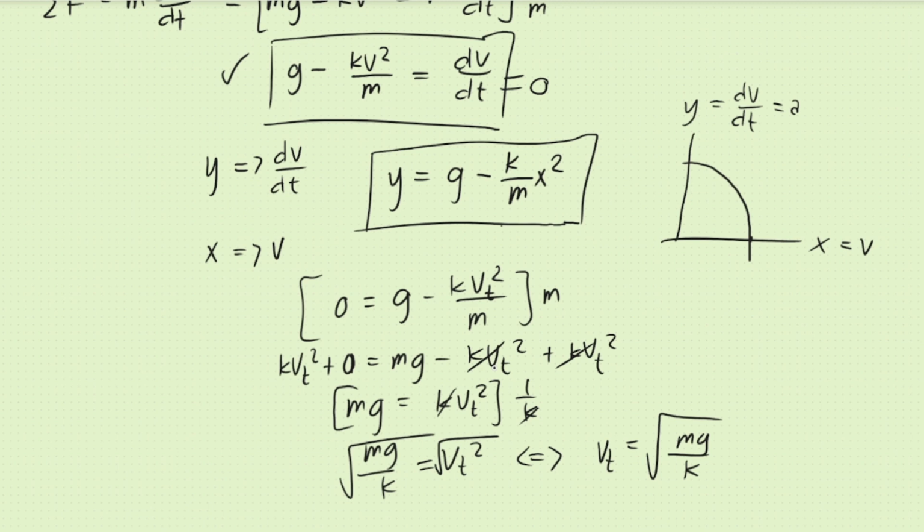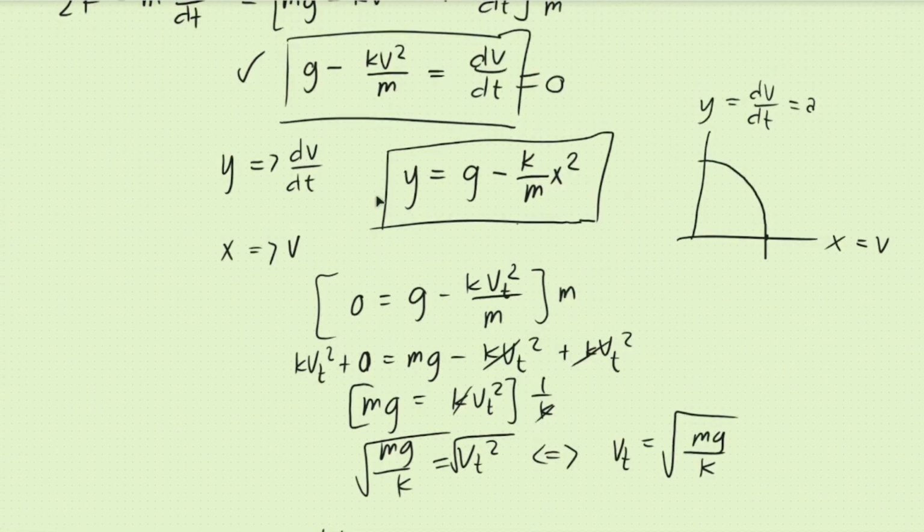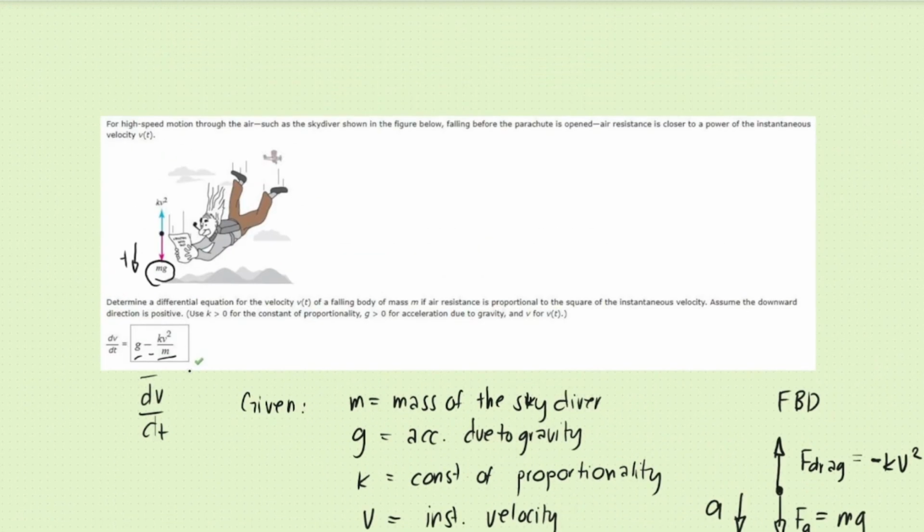Basically, we have an equation of our acceleration, which is dv over dt equal to g minus k over m v squared. So we already found the answer and we are correct.